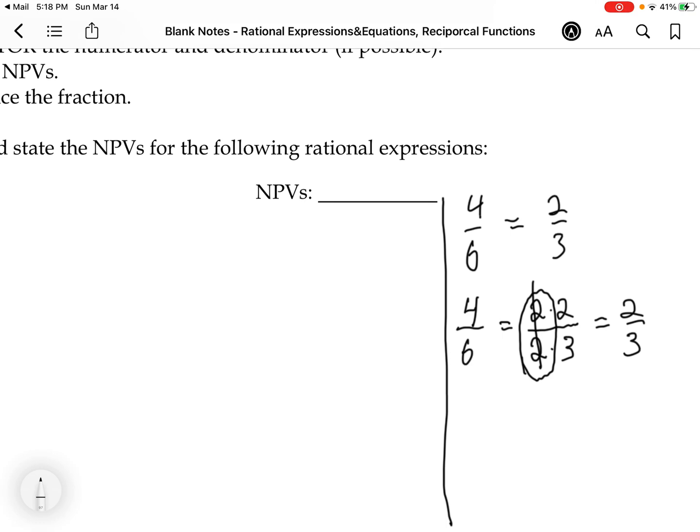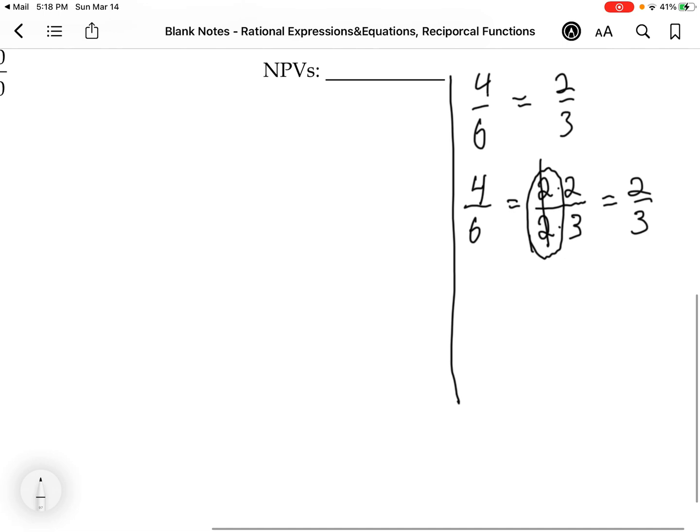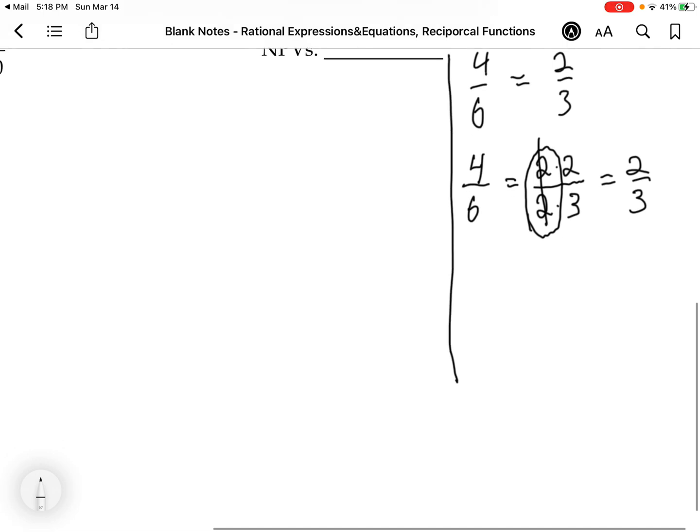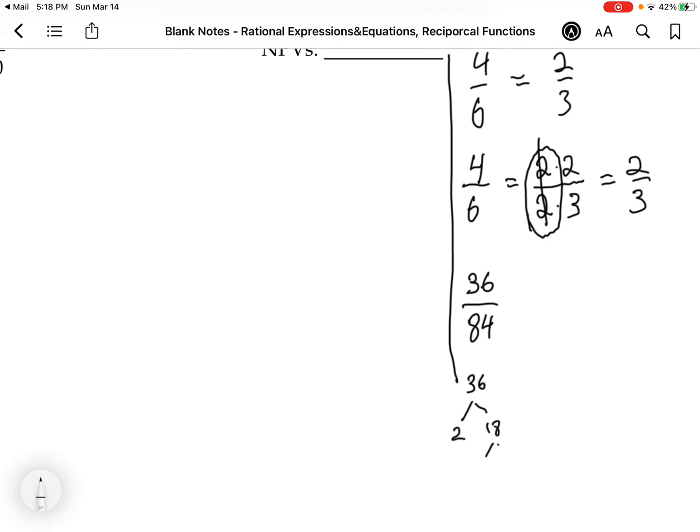Now you can do this with bigger fractions as well. You could do it with, let's see, 36 over 84. Let's try that one. If I prime factorize 36, I get 2 times 18, 2 times 9, 3 times 3.